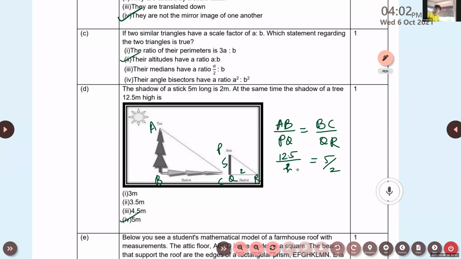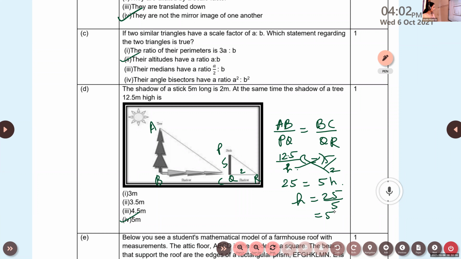When you cancel this, what will you get when you cross multiply this? 12.5 into 2 means, is it 25 is equal to 5h? Therefore, what is h? 25 by 5, which is equivalent to 5. Okay, so answer will be 5 only.